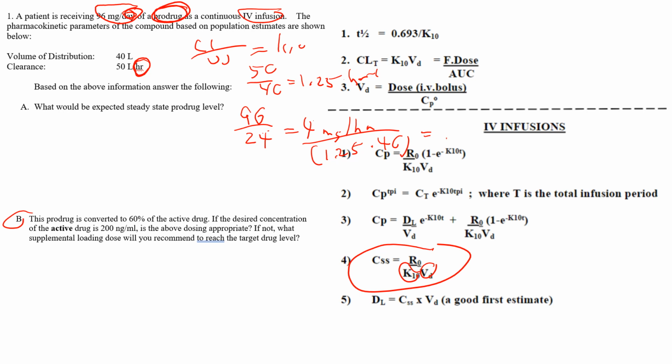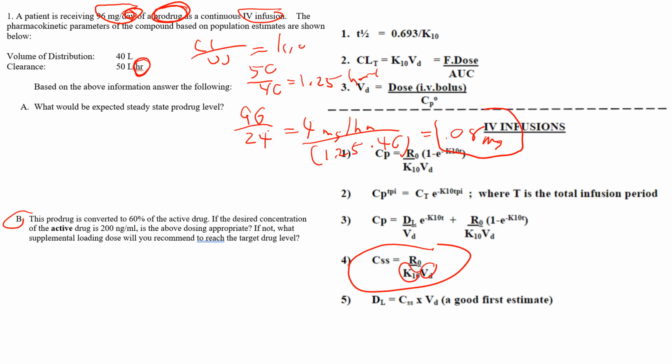We get 0.08 milligrams per liter times hour. So I'm fine with that. Or this isn't liter per hour, I think this cancels. The steady state is 0.08 milligrams. That's all that matters. Forget all that other stuff I wrote down. But anyways, this is our answer to part 1.